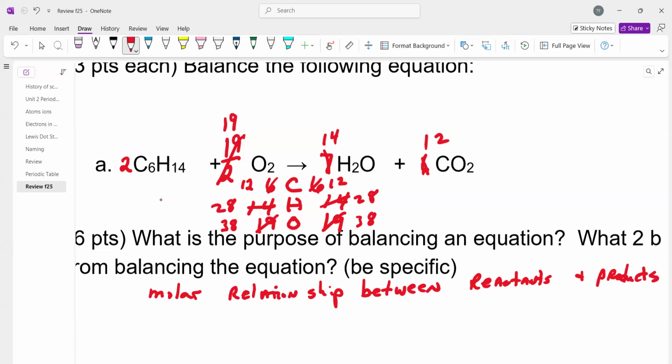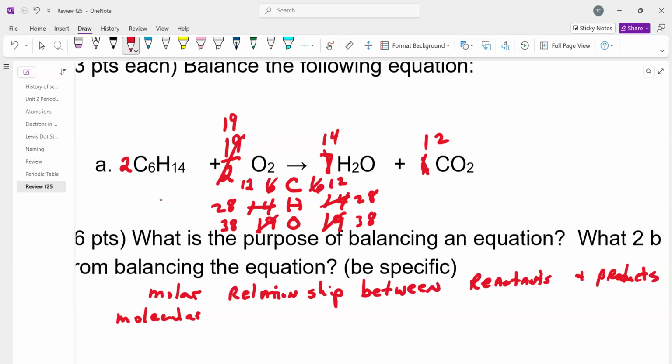Secondly, remember the word mole comes from molecule. So it's also a molecular relationship. And we're talking about two molecules of hexane plus 19 molecules of O2 will give you 14 molecules of water and 12 molecules of carbon dioxide.